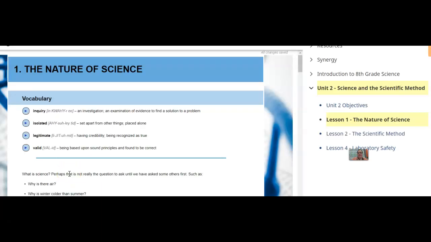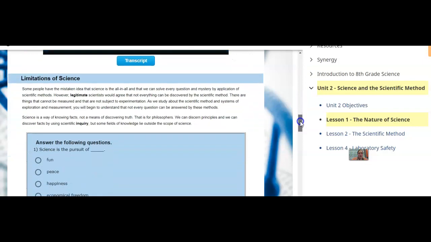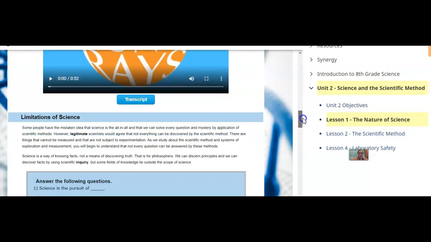All right, the very last thing that I want you to do is, as you can see in the navigation over here, we're now outside of Introduction to 8th Grade Science, and now into Unit 2. I want you to go to Lesson 1, The Nature of Science, and read through the selection, and then at the very bottom, please watch the video as well.